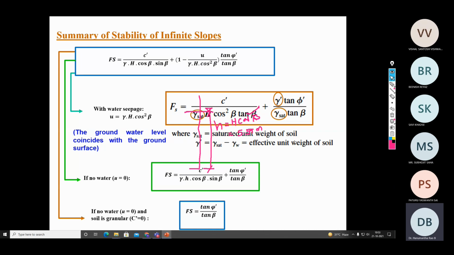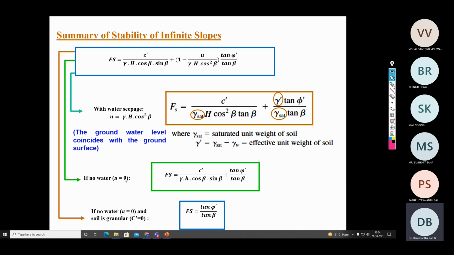So these are the list of formulas for different conditions. If there is a steady state seepage, then Fs equals c dash by gamma sat H cos square beta tan beta, plus gamma dash by gamma sat into tan phi dash by tan beta.